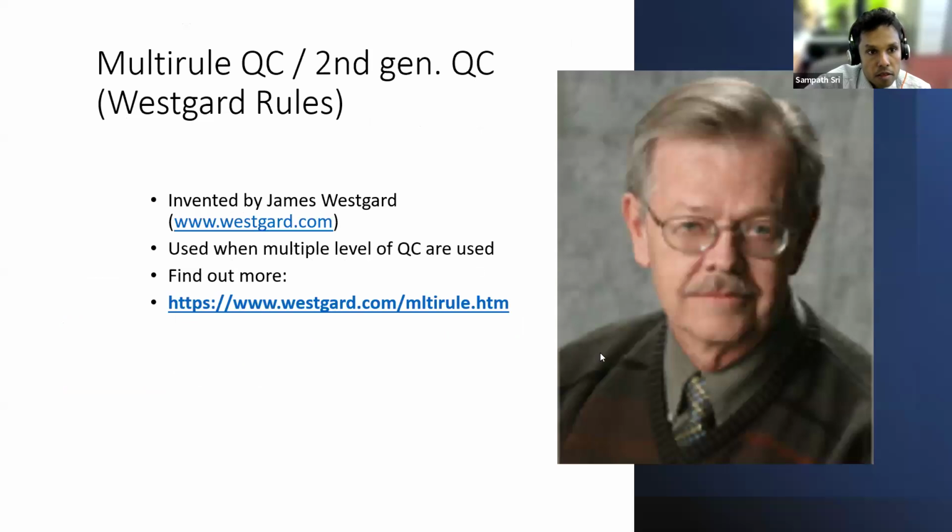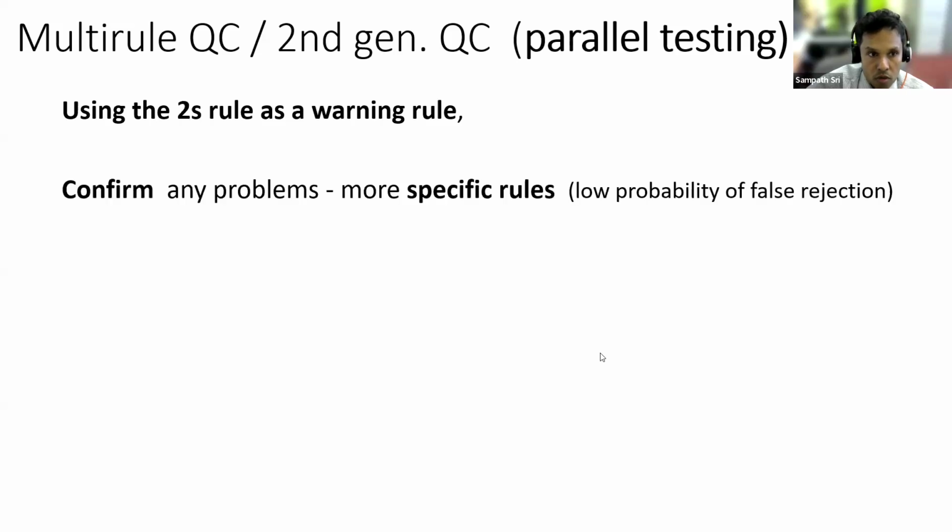Because of that, Westgard introduced the Westgard multi-rule system. This is considered second generation QC because we are using more than one test in each run. We use the 2S rule as a warning rule.